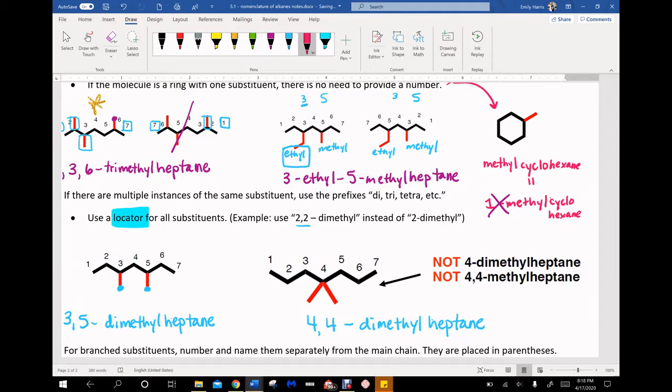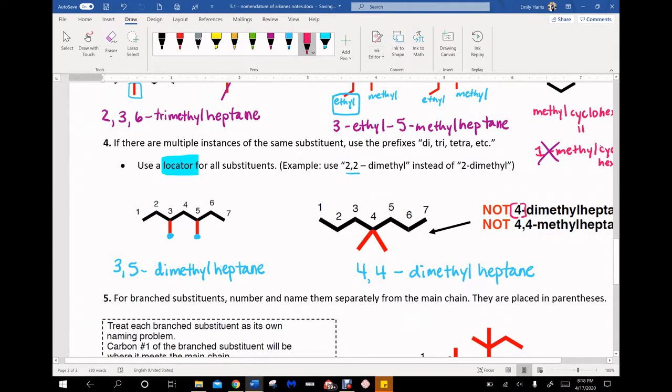One is not listing the 4 twice. And the second common mistake is listing the 4s twice, but then forgetting to say dimethyl. And that's just showing that both of those 4 substituents are methyl groups. Dimethyl means 2 methyls. They just both happen to be on the same carbon.